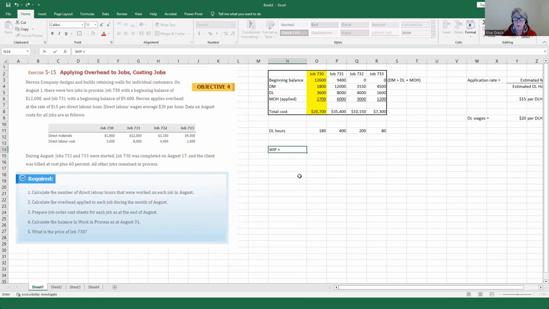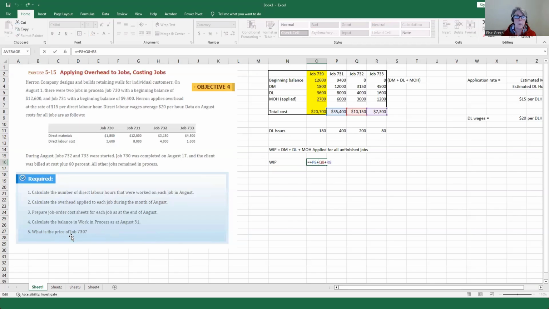It's equal to the direct material plus the direct labor plus the manufacturing overhead applied for all unfinished jobs. So when I look at work in progress, I can add up the 731 unfinished, 732 unfinished, 733 unfinished. This is what's in the work in progress. It's the 3 jobs that are unfinished at this date.